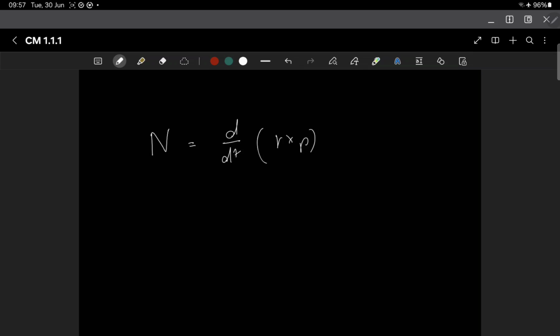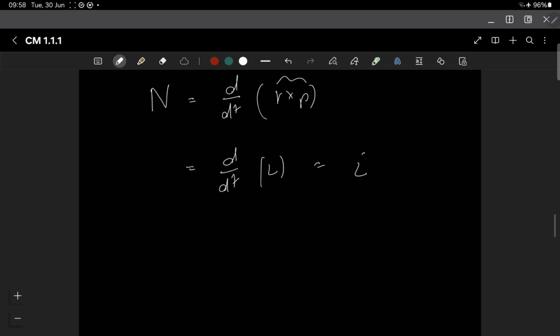And usually we define r cross p to be L. So this is equal to d by dt of L, which is the same as L dot.